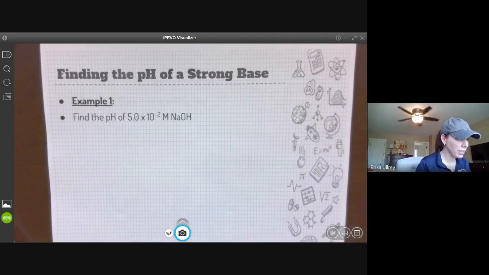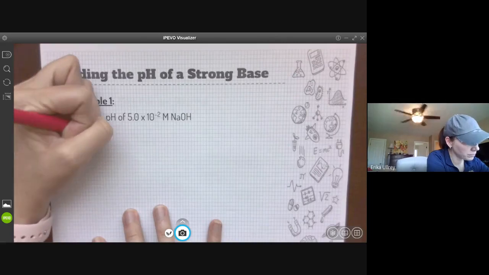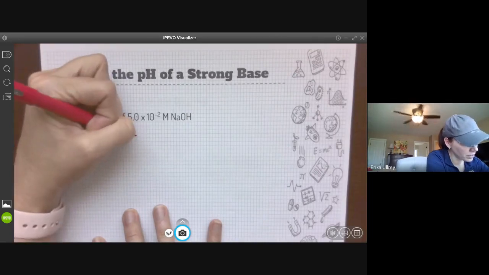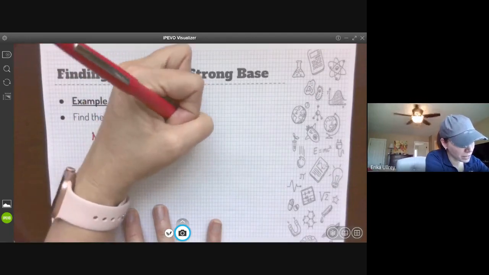It says find the pH of our sodium hydroxide solution. So it wants us to find the pH. If we take a look at this, we have the concentration of NaOH. NaOH is going to dissociate into Na plus and OH minus.